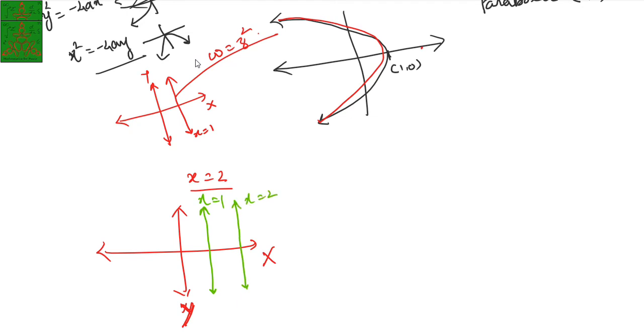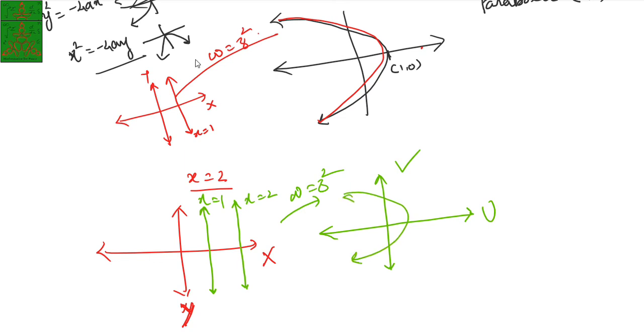Then the image of this under the transformation w equal to z square in the uv plane, you will have these two parabolas. For this the vertex is 1, 0, here it is 2.